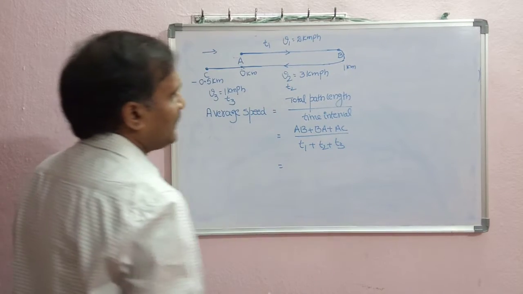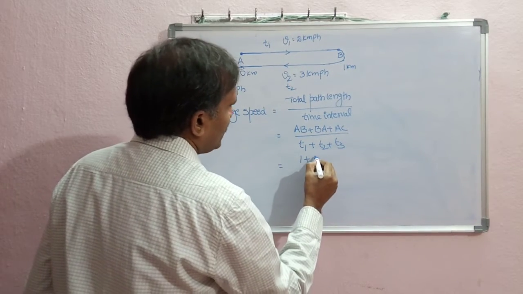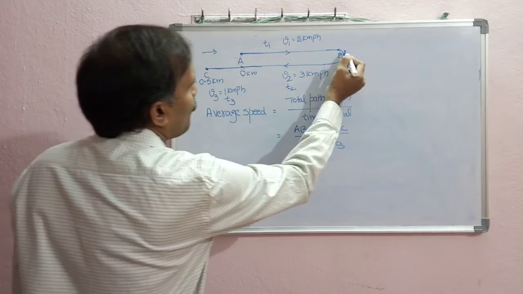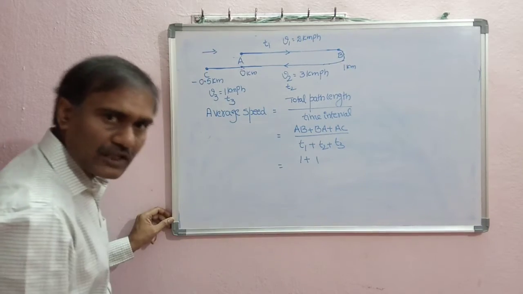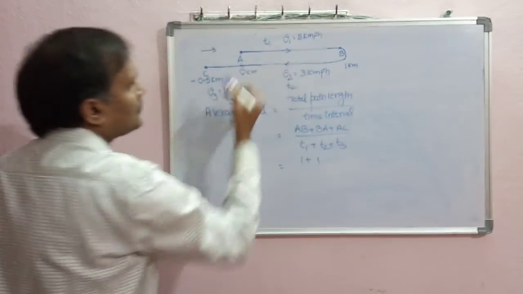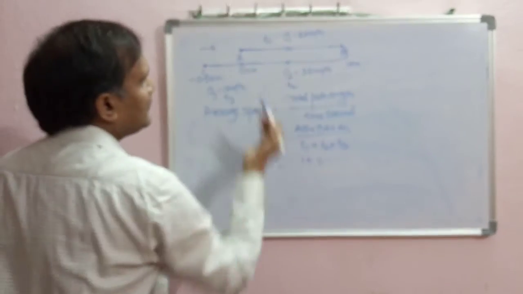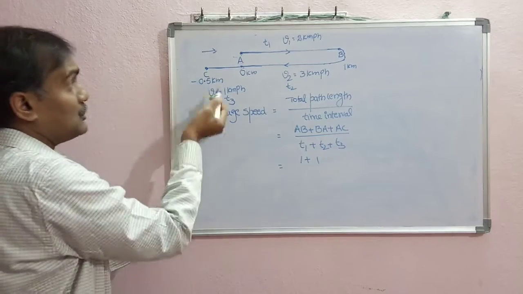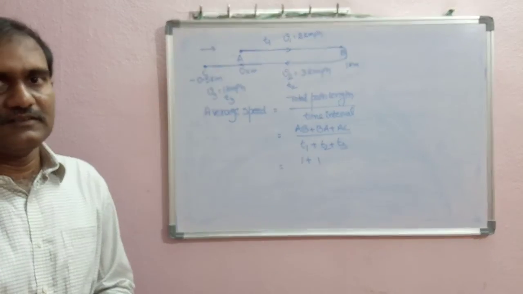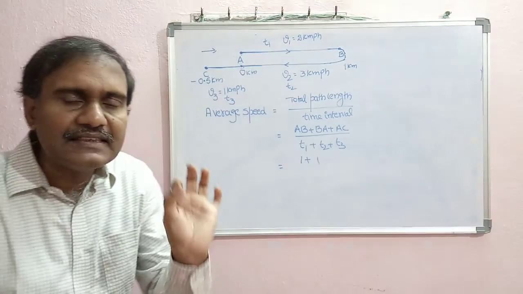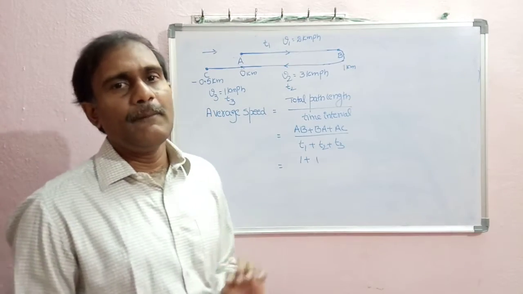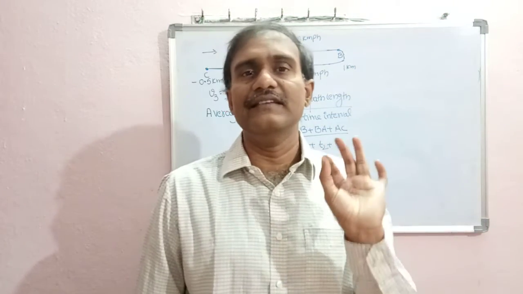Now, AB is 1 kilometer, BA is 1 kilometer. Why? From 0 to 1, the total path length is 1 kilometer. From here also, this path length is equal to 1 kilometer. This path length is equal to how much? 0.5 kilometers. Don't substitute it as a negative. Path length is always positive.